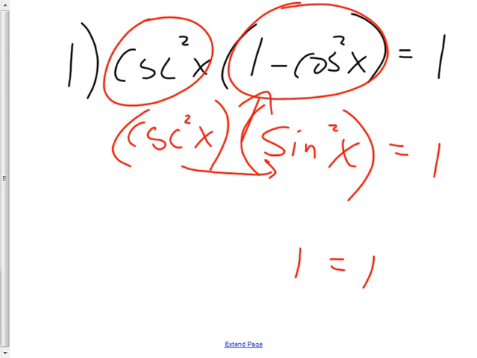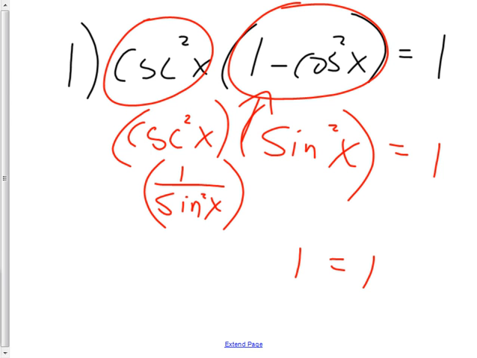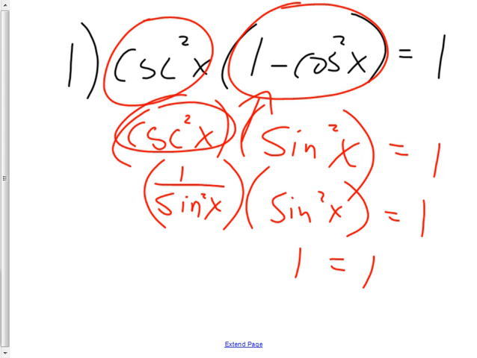When I multiply them, I get 1. If I wanted to, I could make you show the next step, which would be to either change this one to 1 over sine or the other one to 1 over cosecant, but I'd be okay with you skipping this step right here, because these are by definition reciprocals and therefore they will equal 1.